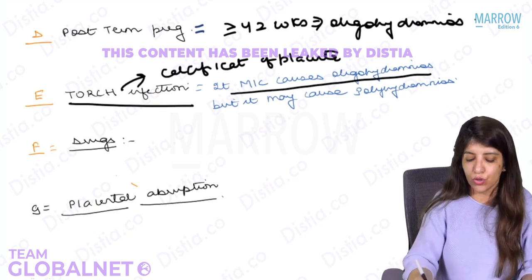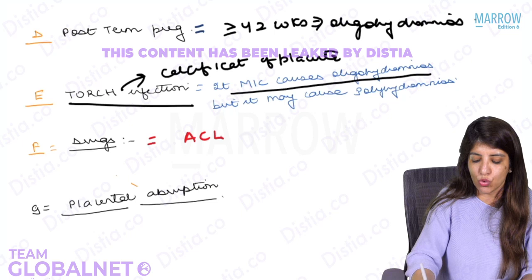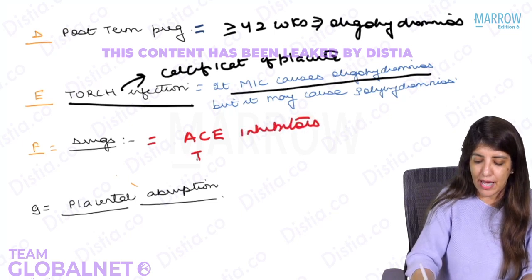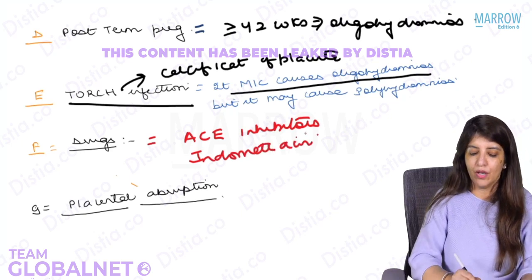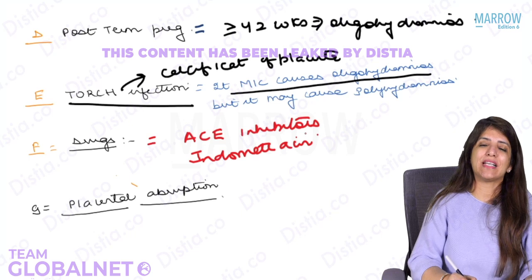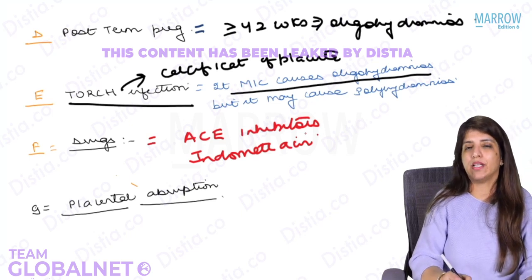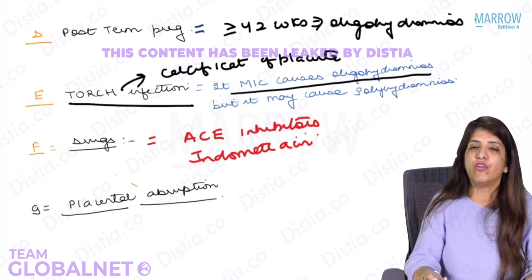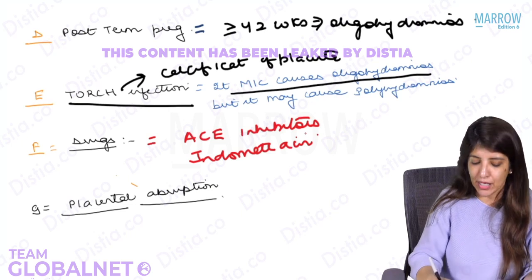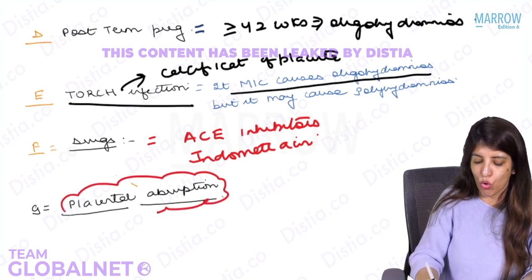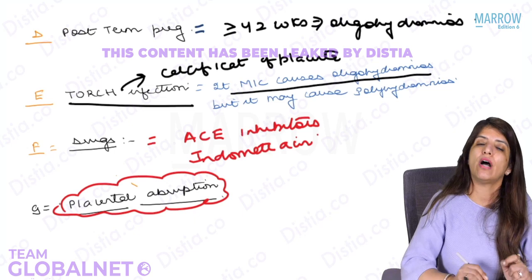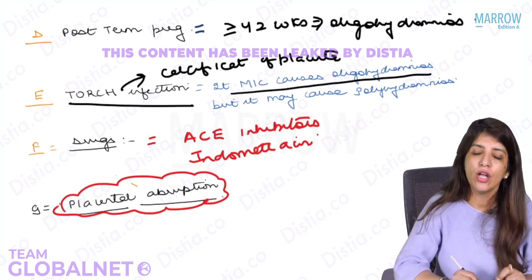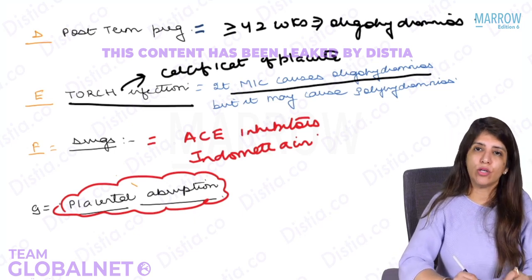Then I also told you there are certain drugs which lead to oligohydramnios, ACE inhibitors and indomethacin. And obviously, if placental abruption is happening, there won't be any filtration across the placenta. So, placental abruption also leads to oligohydramnios. Right? So, these are all causes of oligohydramnios, which you will have to remember.